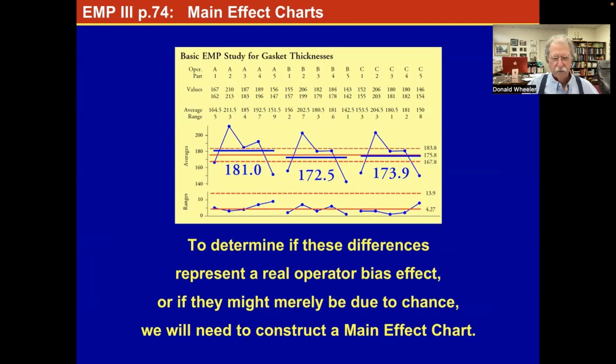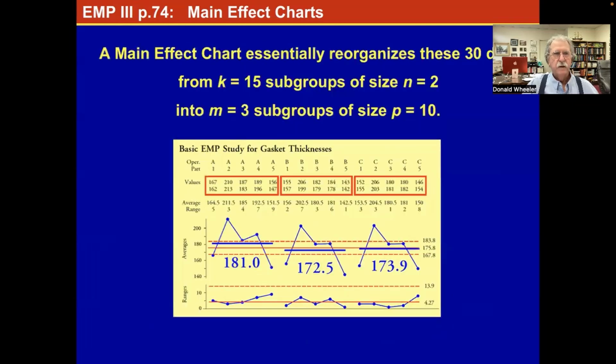To figure this out, we need to construct a main effect chart. The main effect chart essentially reorganizes these 30 data from 15 subgroups of size 2 into 3 subgroups of size 10.